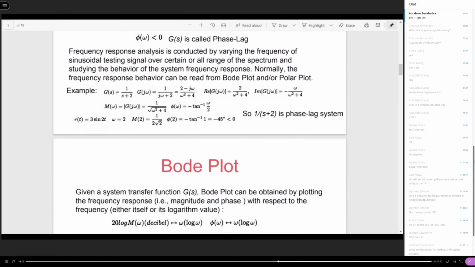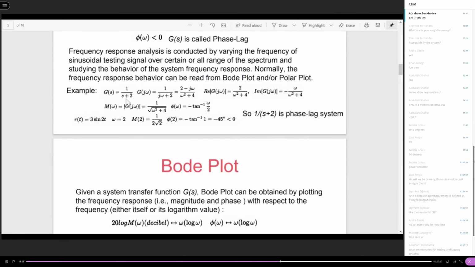I want to know how the system responds to any frequency signal in that spectrum. So in order to examine that, I need to allow omega to vary from 0 to infinity. Then this function already gives an explicit expression that allows me to evaluate the capability.